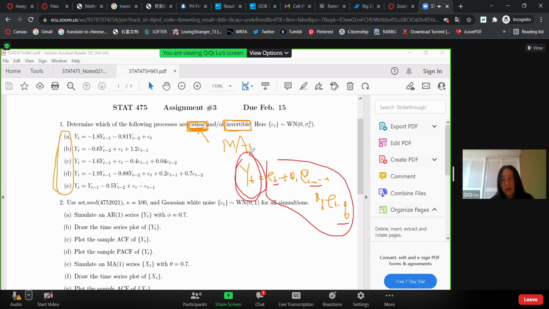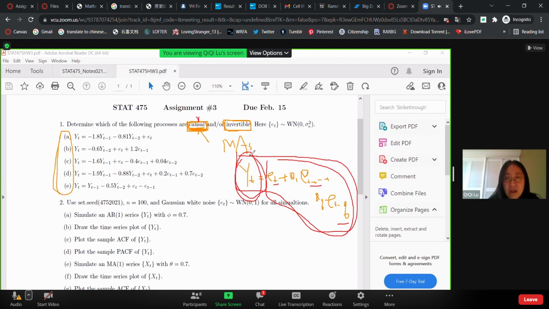We call this a causal time series. So all MAs are stationary and causal. If you see an MA model, that's causal, so you don't have to check anything.